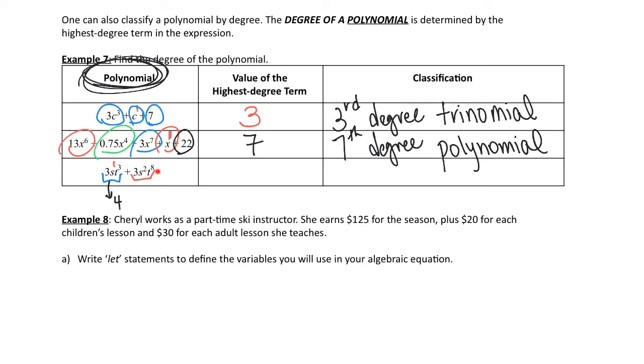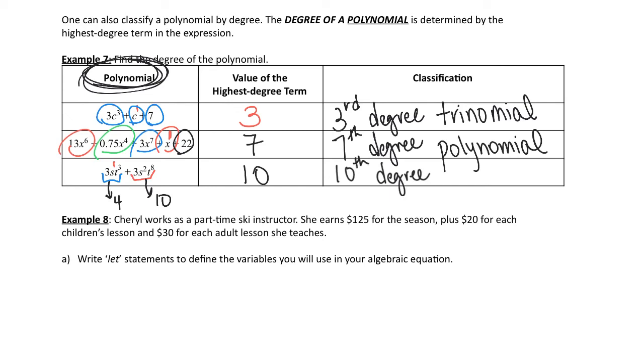In my second term, I have exponent values of 2 and 8. If I add those together, 2 plus 8 is 10. So now, what would be the highest degree? Would it be 4 or would it be 10? Well, obviously 10 is the bigger number. So our degree is going to be a 10th degree.